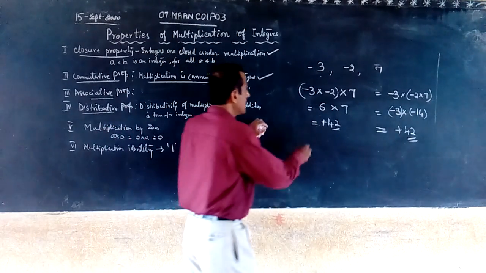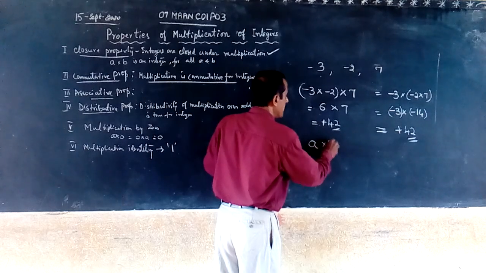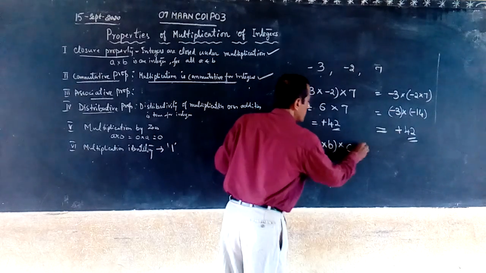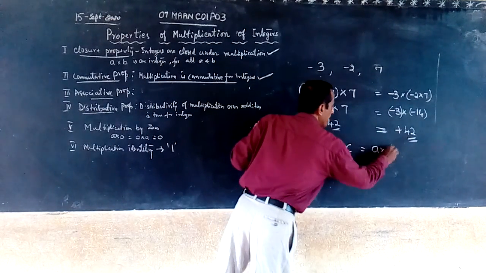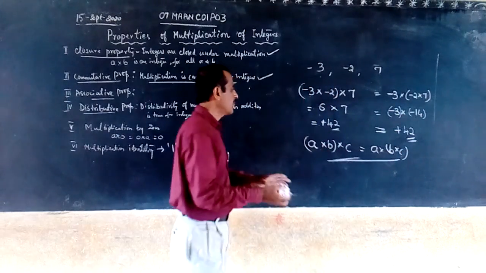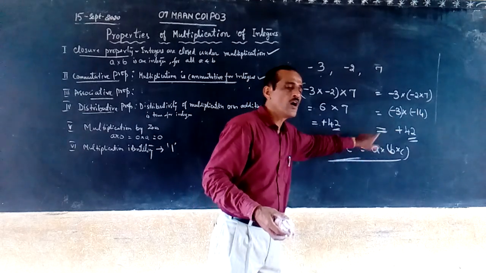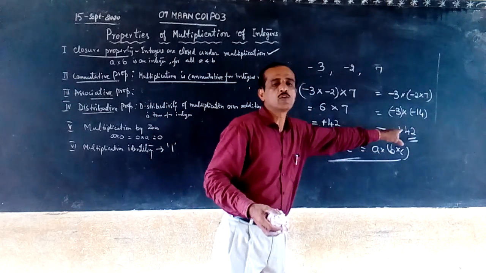In general, we can write for all a, b, and c, a into b into c is equal to a into b into c. Look at this, I will read again: a into b into c is equal to a into b into c.